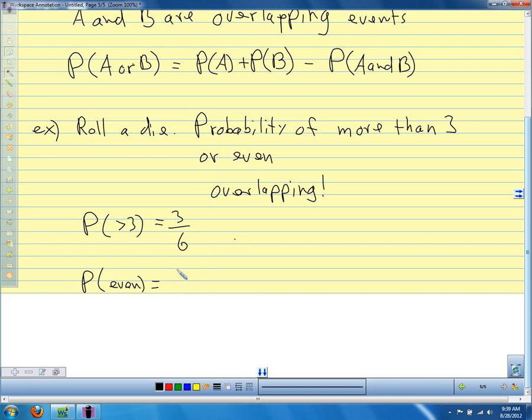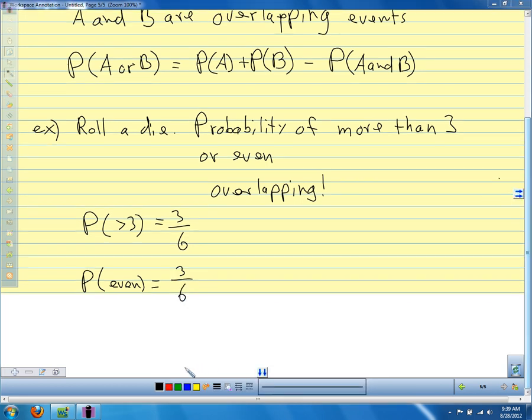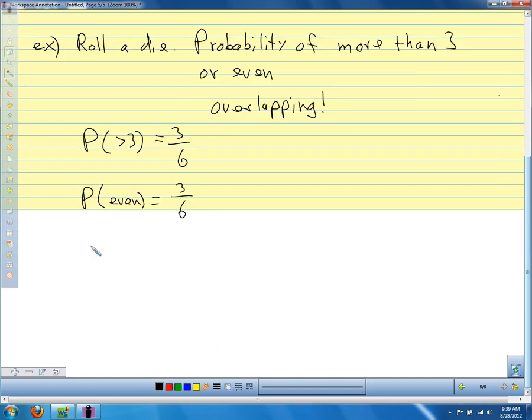So our probability of even is 3 out of a total of 6 possibilities. And now we need the probability of even and greater than 3. So how many numbers are even and greater than 3? 4 and 6. And how many total possibilities on a die? 6. So now I'm going to add these together.